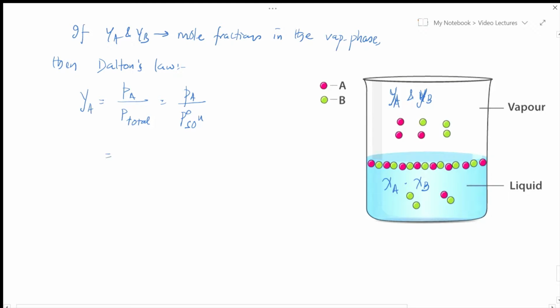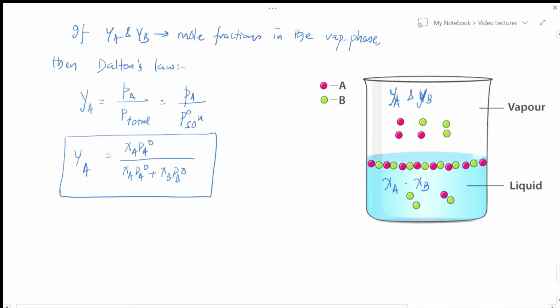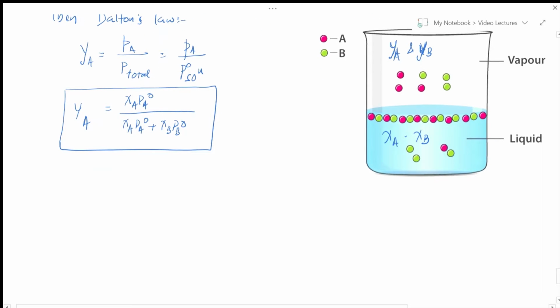So you get the value of Ya as xi A Pa naught divided by the total pressure, which is xi A Pa naught plus xi B into Pb naught. Similarly, Yb can be written as partial pressure of B divided by the total pressure, that is total vapor pressure of the solution.